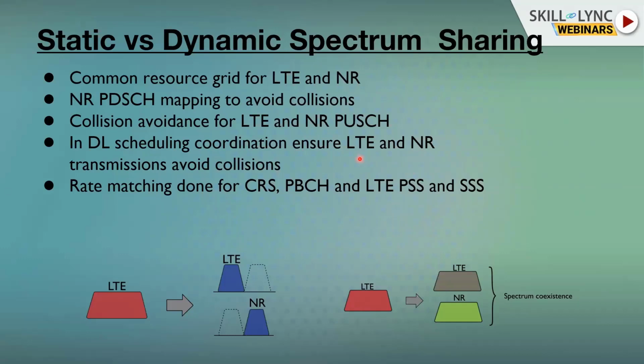Because remember, we're using the same carrier. So it's a shared carrier, same band. You would think there's going to be interference, but the intelligence of this air interface is ensuring that interference doesn't happen, because we're doing things like rate matching to ensure that. So we'll talk about that more shortly.